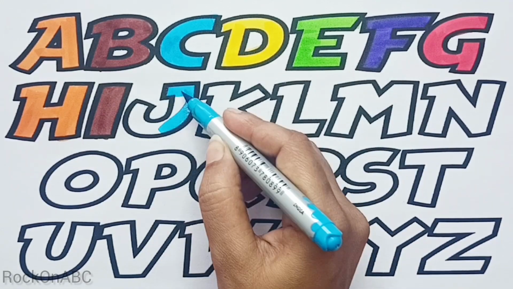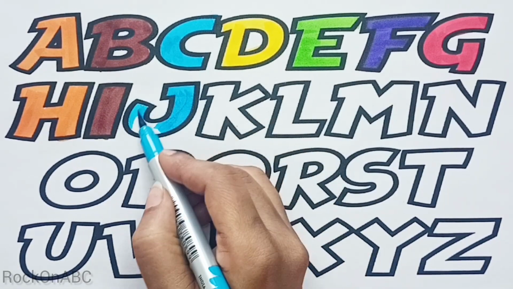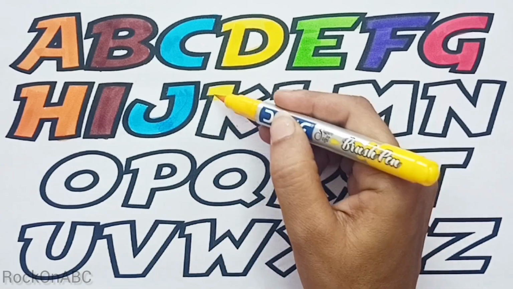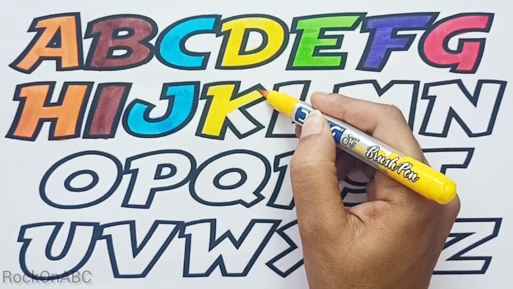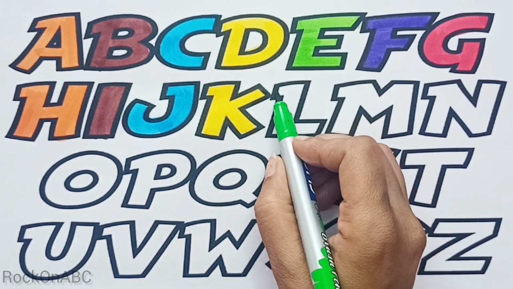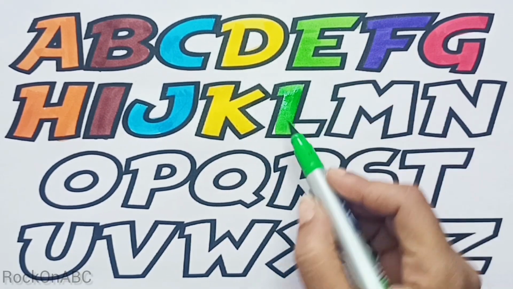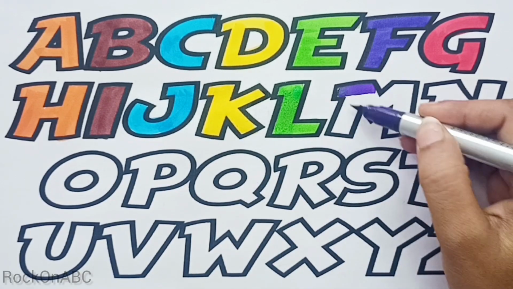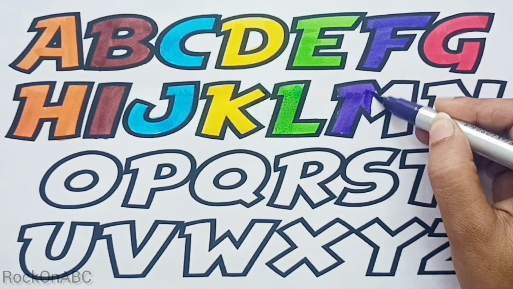J for jump. K for kid. L for lily. M for mosquito.